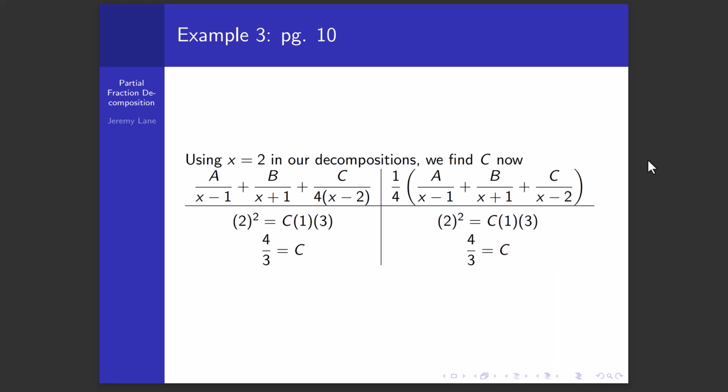When we use x equal 2 in our decomposition, we have the value of c being 4/3 for both of these, because technically speaking, the factor of 4 is in fact in the denominator of both of these fractions that contain that c value that we're trying to find.